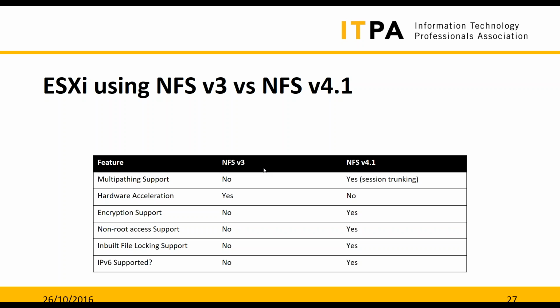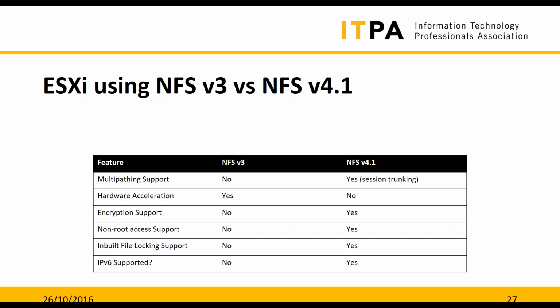And so what I have here, I mentioned before, ESXi can consume either NFS version 3 or NFS version 4.1 storage. There are some differences between the two. In terms of multipathing, can you use multiple VMK ports to talk to multiple network ports on your storage provider to allow you more bandwidth?